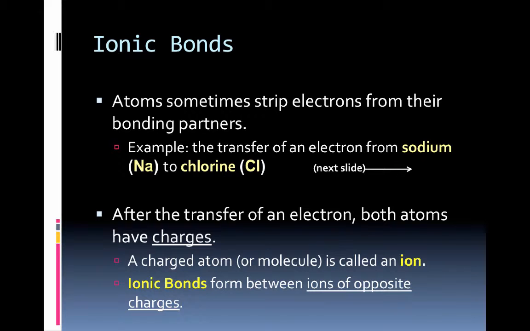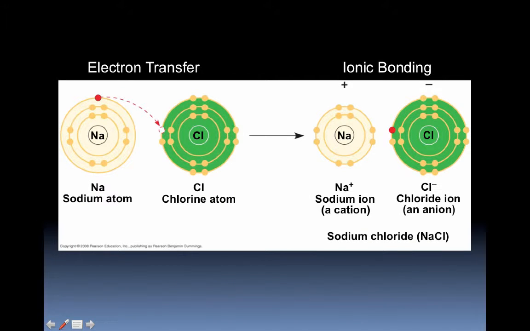We're going to zip to the next slide and look at that electron transfer first, and then we'll come back to this slide. Focus in on the left side of the screen for now, where you see a neutral sodium atom and a neutral chlorine atom. If you look up sodium on the periodic table, you will see that it has an atomic number of 11.